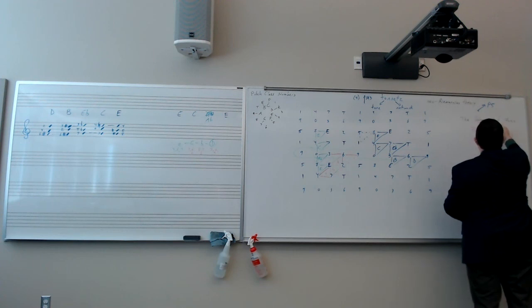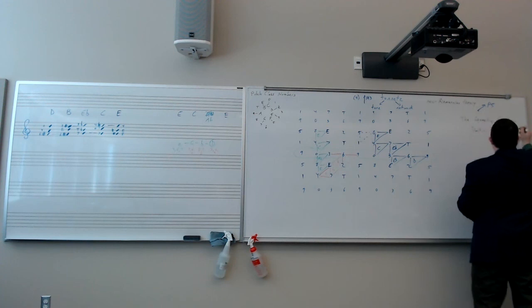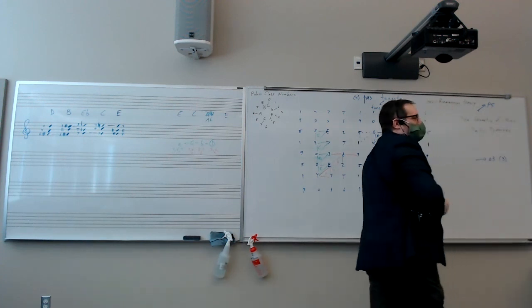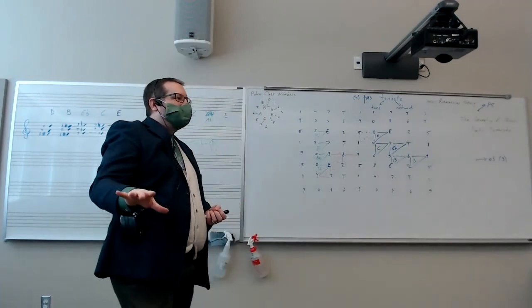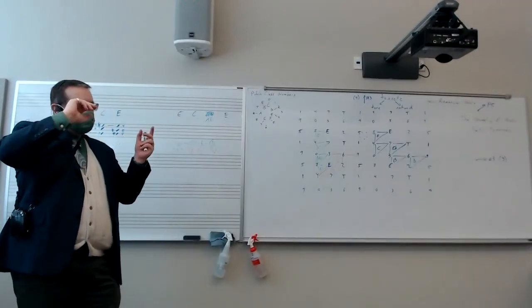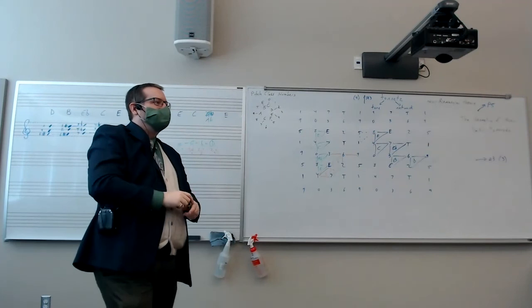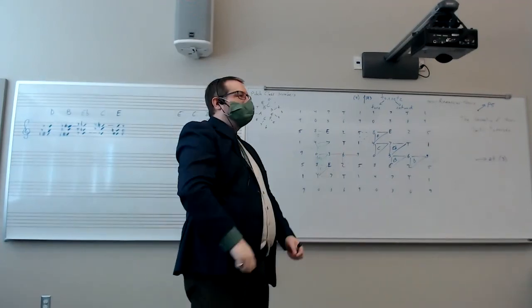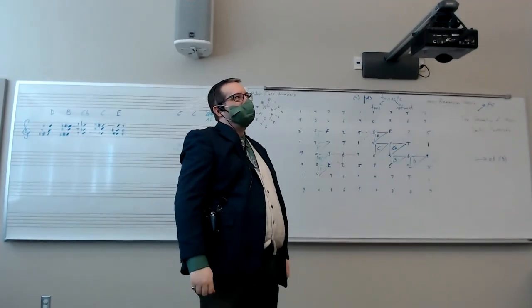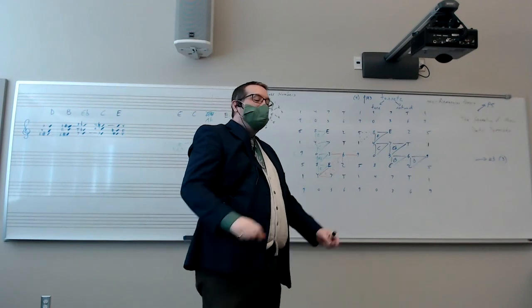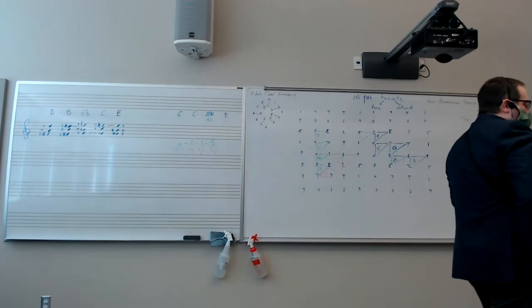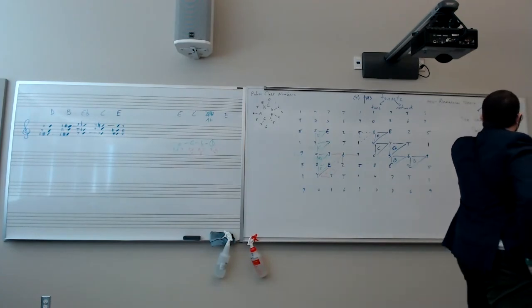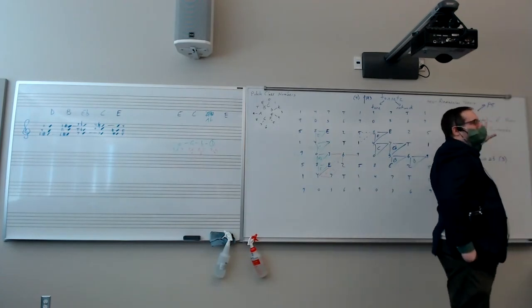By Dmitri Tymoczko, who's the head of the theory department at Princeton. This is one of those books where, specifically when he was talking about multi-dimensional chord motions, I would read a page and stop and think about it for a couple of minutes and then go back, okay, I've got it now. So warning, that's some pretty high level math.